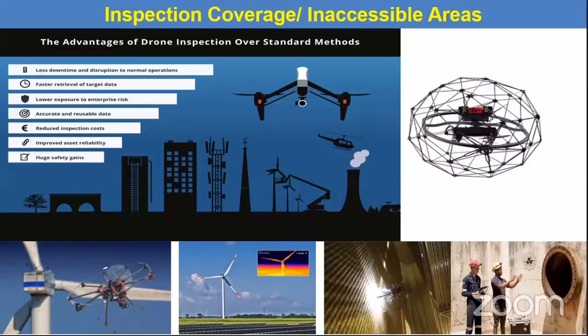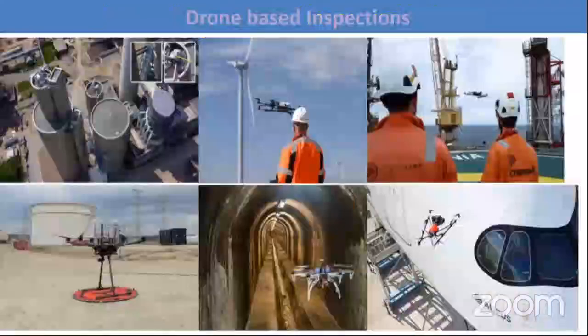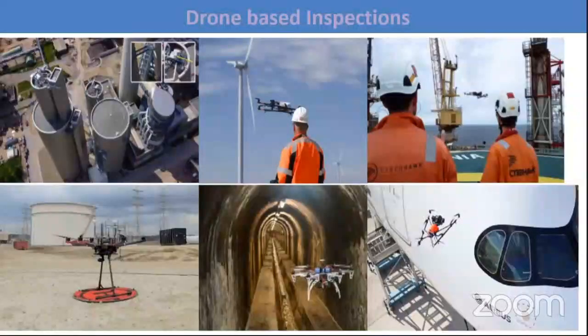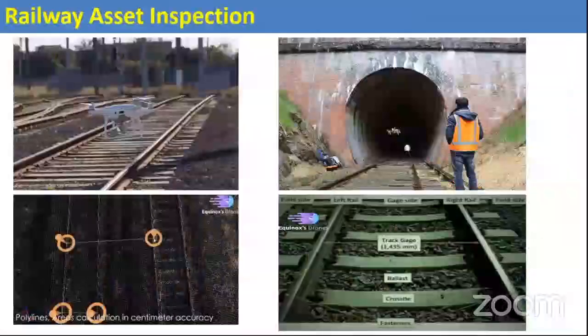So asset inspection, asset reliability, a great user of drones, and virtually every industry from oil and gas to power to renewables to offshore rigs to railways to aerospace, everybody has started to use them in some form or the other. It's still, I would say, in a little early stages, but we are seeing increasing use every single day.